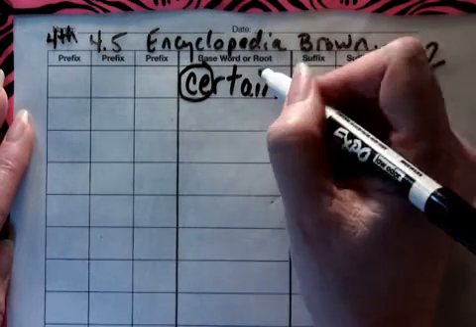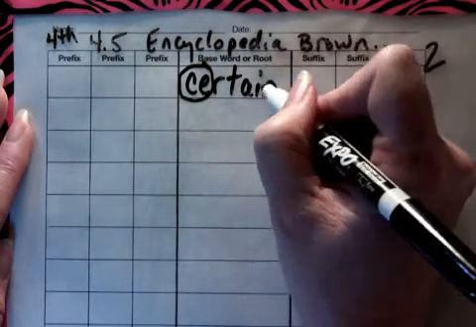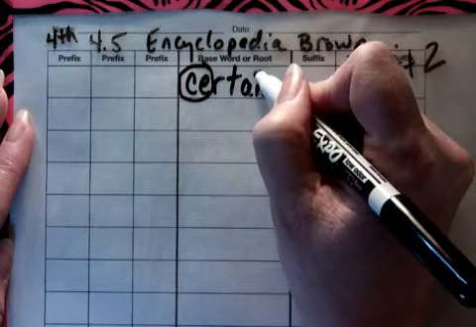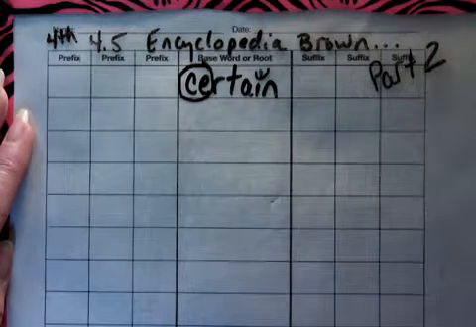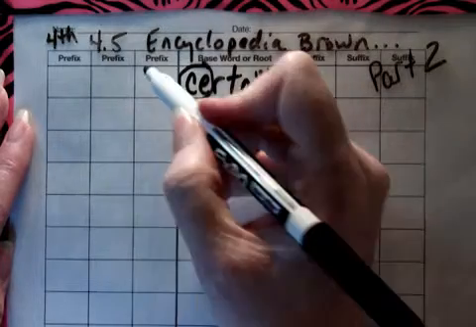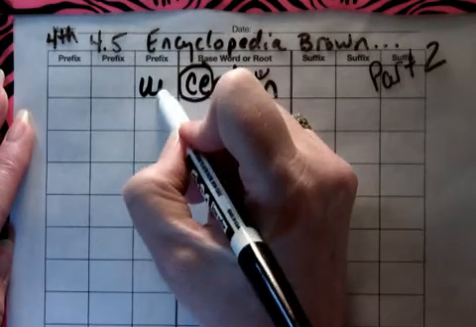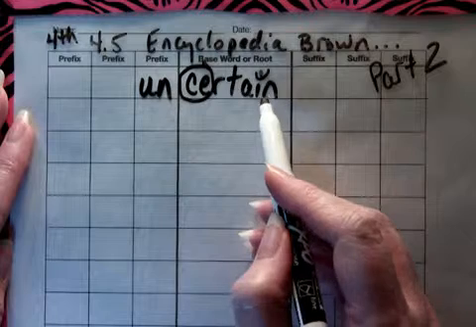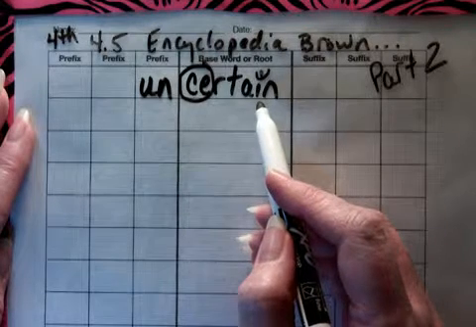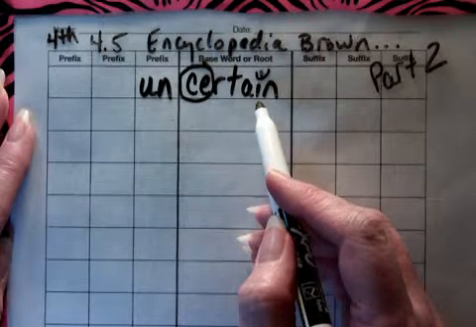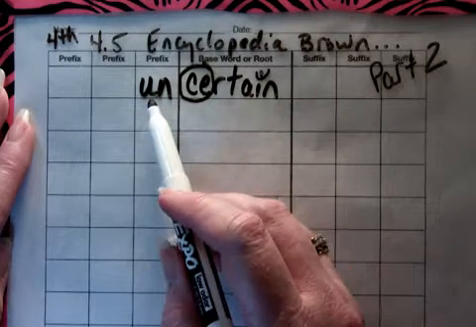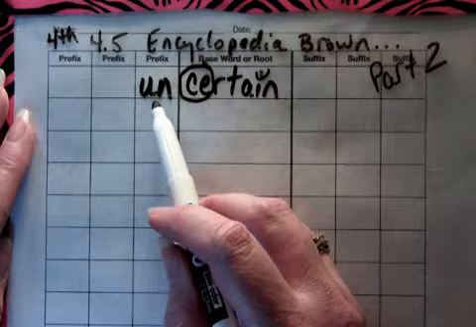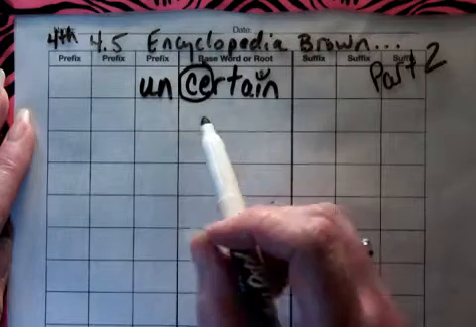Certain. This vowel AI is saying in, so it's a short I sound. And the prefix is un. So if I'm certain about my answer, that means I know it's definitely right. But if I'm uncertain, that means I'm not sure that's right. Uncertain.